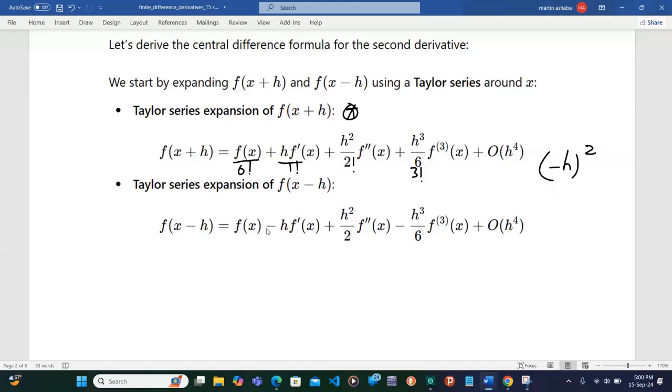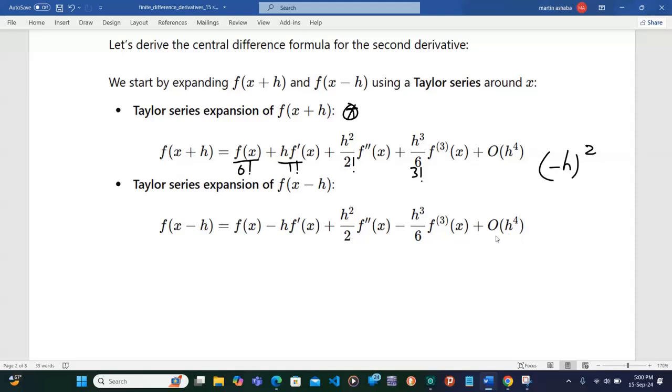So for f of x minus h, you have the first derivative of f times negative h, then the second derivative times h squared out of 2, then the third derivative times negative h cubed divided by 6, or 3 factorial, then plus the truncation error, and we said this is the O, which is the terms of h to power 4 and higher.